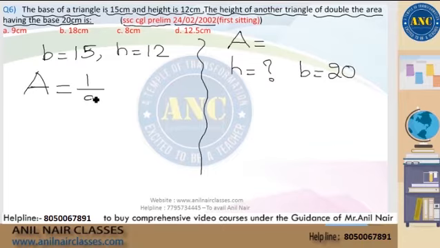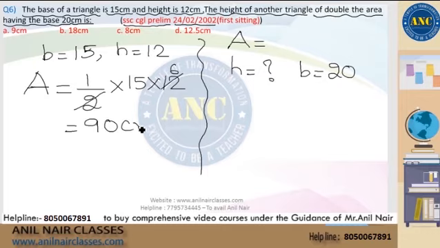Very easy, right sir? Half into base into height is the area of the first triangle. So it is 15 times 6, which is 90 square centimeters. Area of the first triangle is 90. Let me call the first triangle A1 and the second triangle A2. A2 is nothing but 2 times A1, so it is 2 times 90, which is 180.